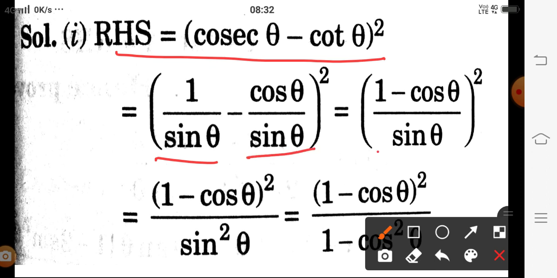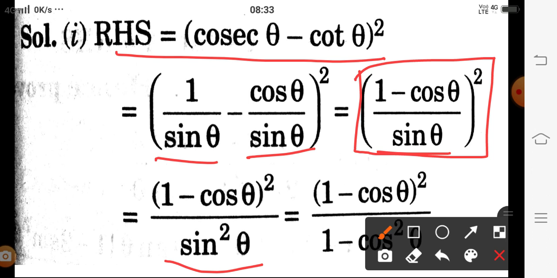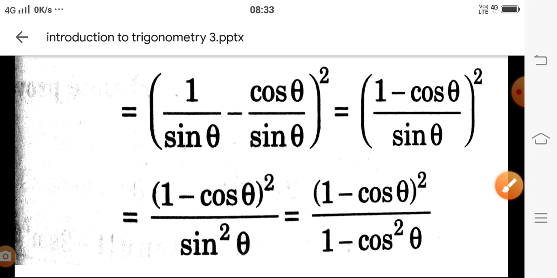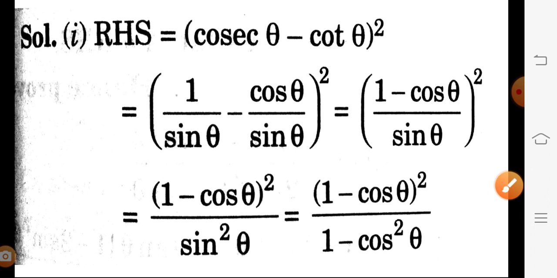If you take the LCM, then sine theta is the LCM, and in the numerator we are getting 1 minus cos theta whole square. Then if I make the square, in the denominator you are getting sine square theta, and if we have to write the value of sine in terms of cos, then sine square theta is 1 minus cos square theta. Then in the denominator we are getting 1 minus cos square theta.